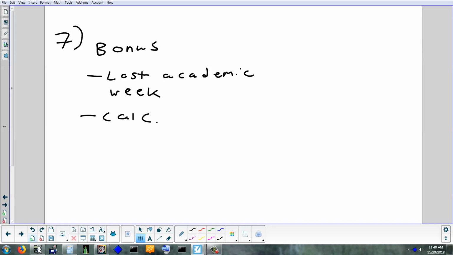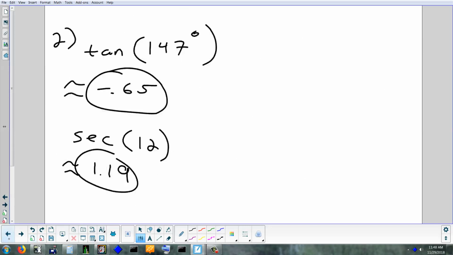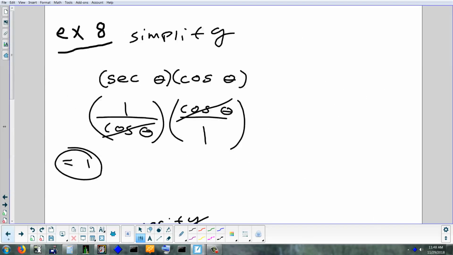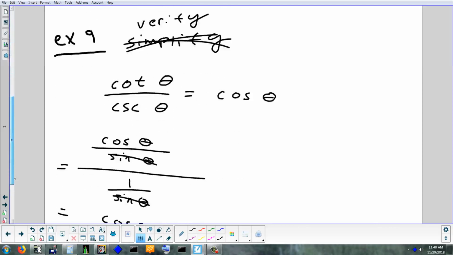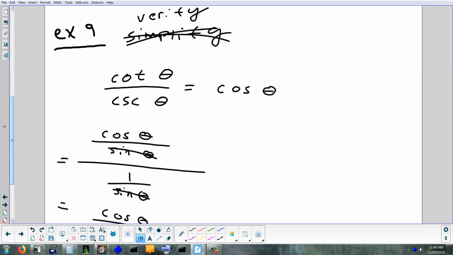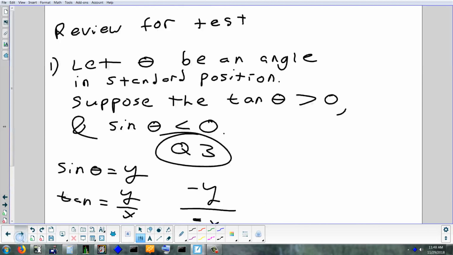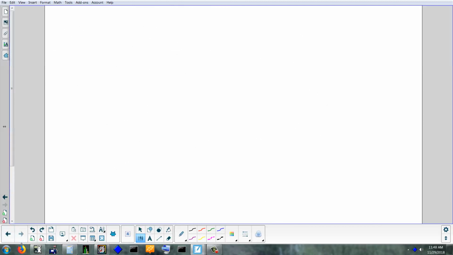And then the last thing will be an example of an identity. And we practiced a bunch of those today. So an identity either like this one, where you have to multiply two things together, or this one, where you have to divide two things. So a trig identity.